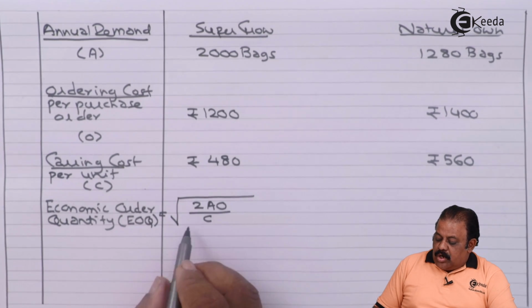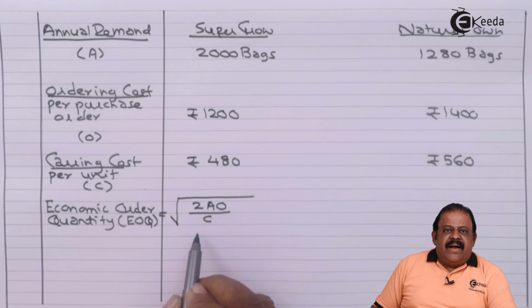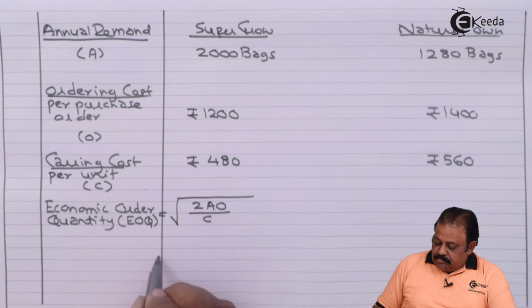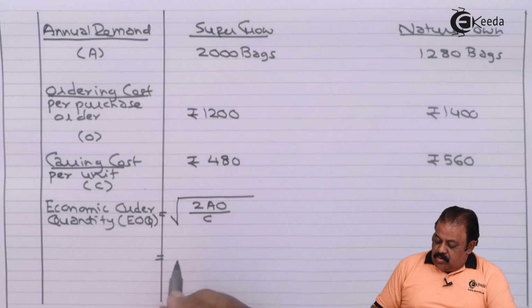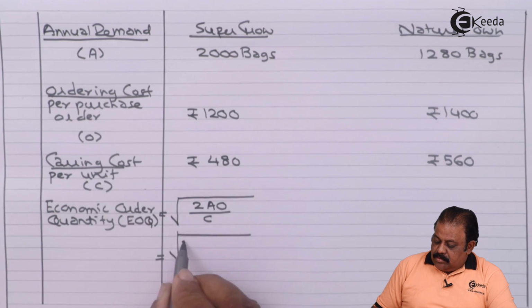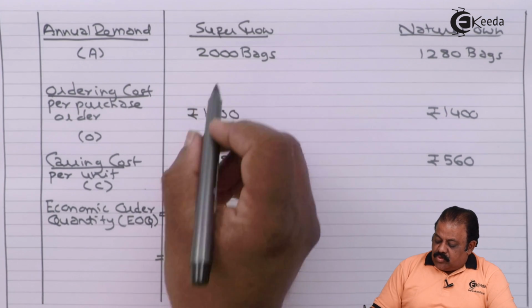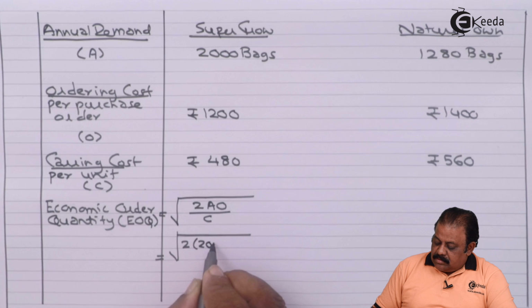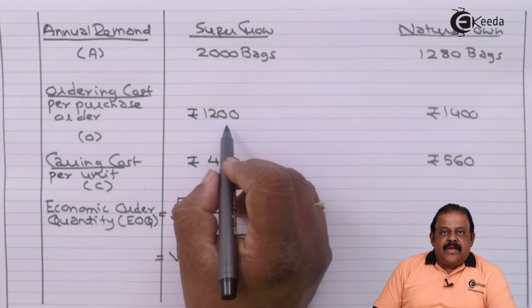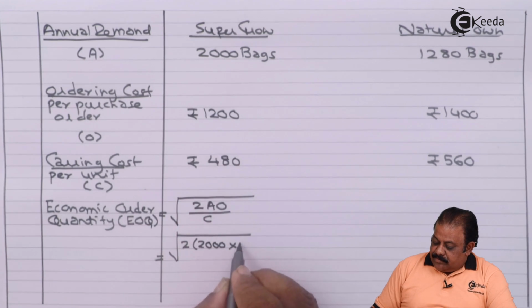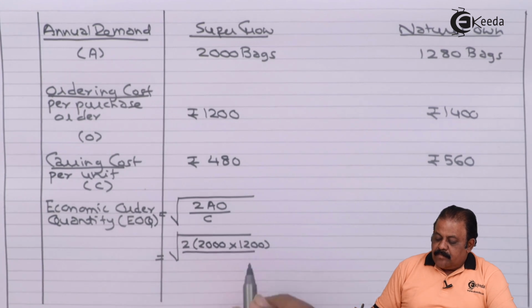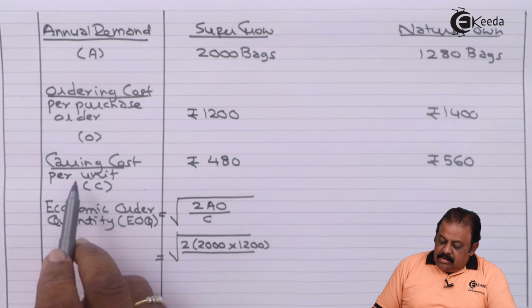Formula is square root of 2AO divided by C. In case of Super Grow, annual demand is 2000 bags. Ordering cost per order 1200 divided by whole.